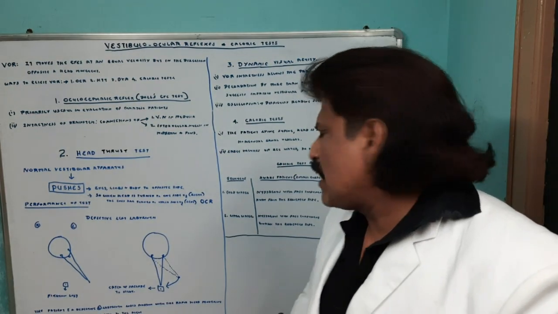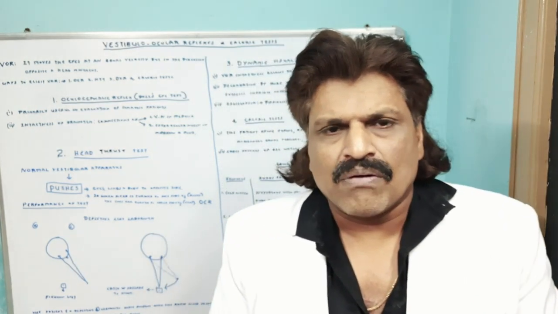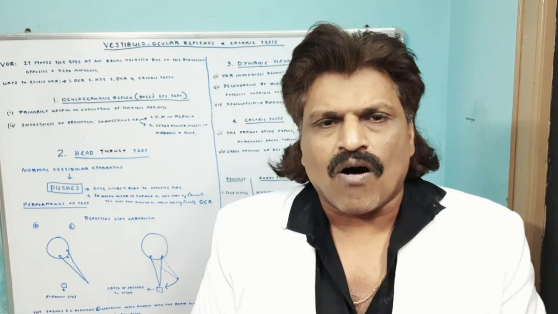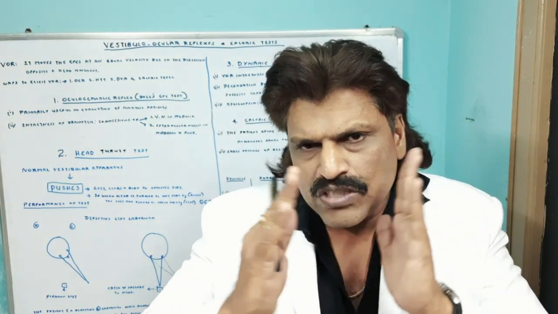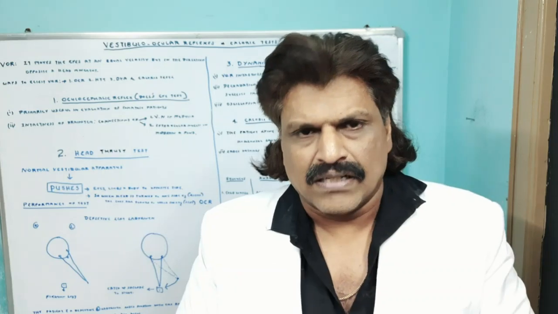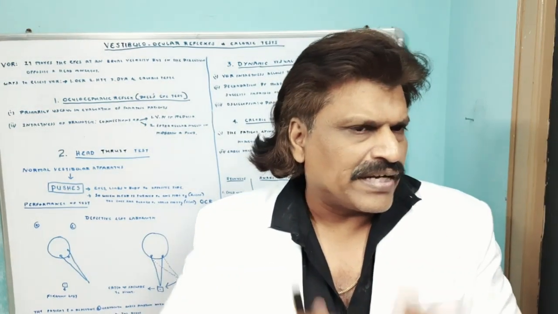Finally, we have the caloric test response. We need to remember an acronym COWS: cold, opposite, warm, same. As I said, when the vestibular apparatus is stimulated, the eyes will go to the opposite side. When I turn my head to the left side, the eyes will go to the right side.